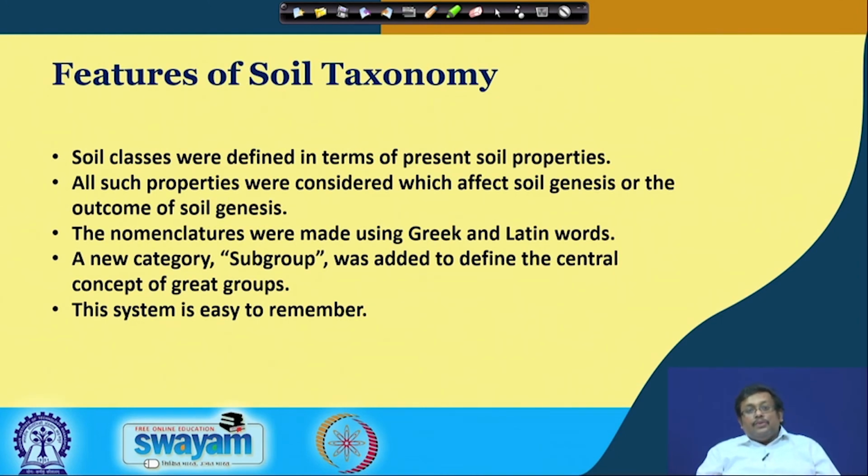The nomenclature was made using Greek and Latin words, and a new category called subgroup was then added to define the central concept of the great groups. And remember that this system is much easier to remember than earlier genetic and morphogenetic systems.